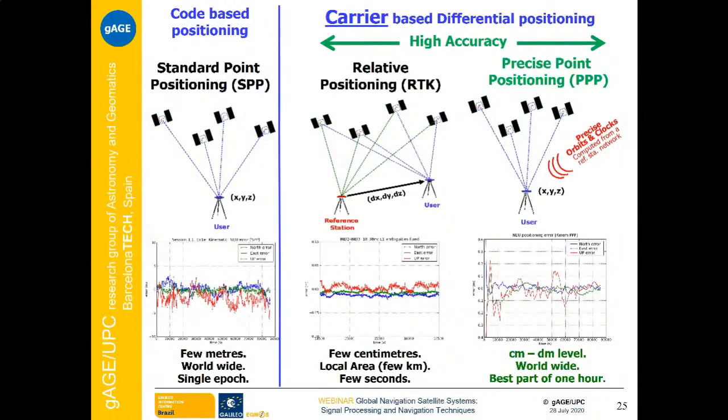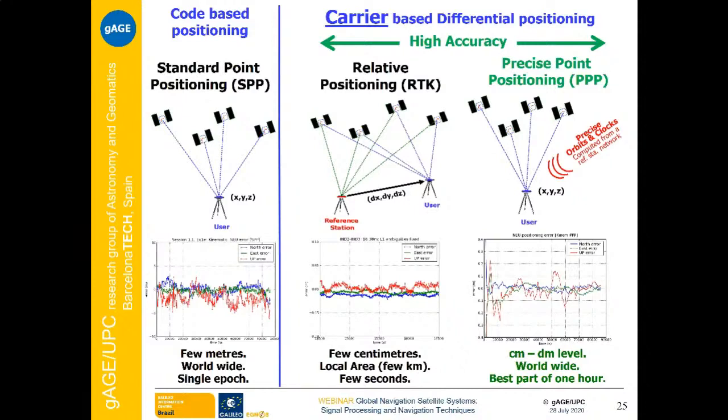Using RTK, we can achieve centimeter level. This means, in general, we can achieve 1 sigma in the horizontal component, 1 centimeter, 1 sigma, and in the vertical component, 3 centimeters, 1 sigma, which is very, very good positioning. It is quite quick, in a few seconds. This means 15, 30 seconds, depending on the satellite geometry.